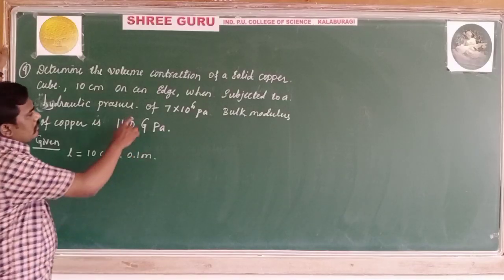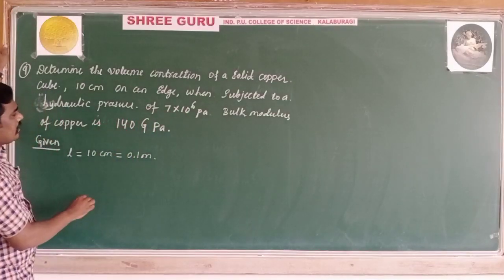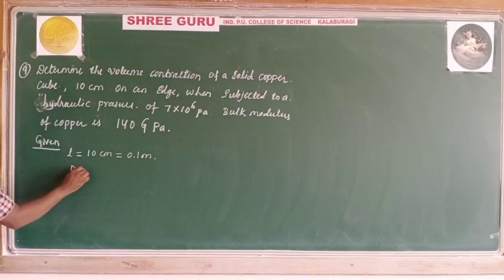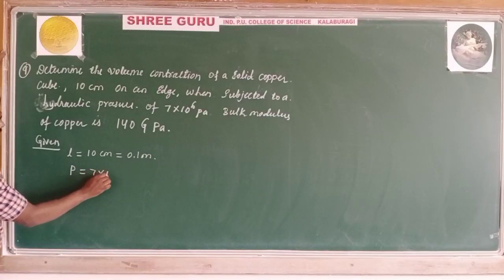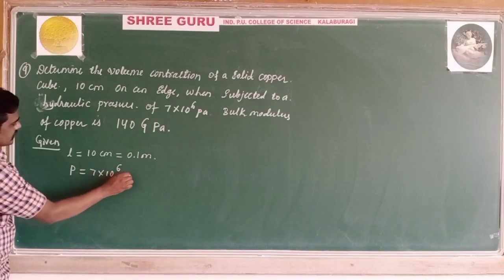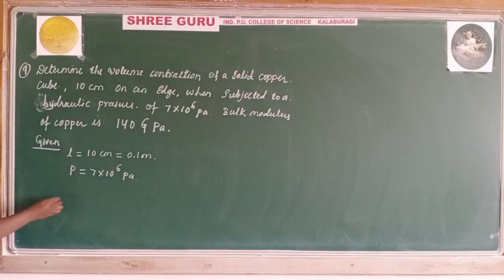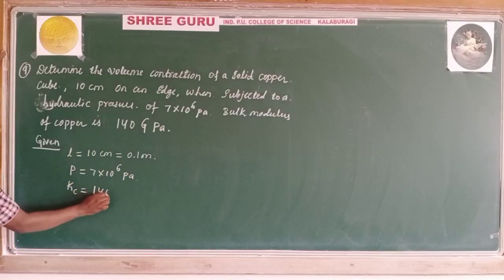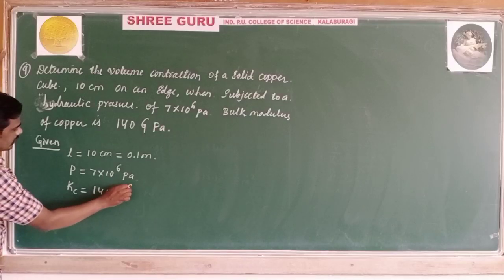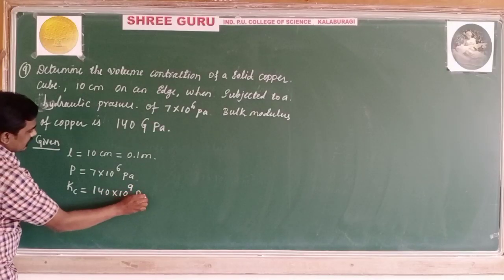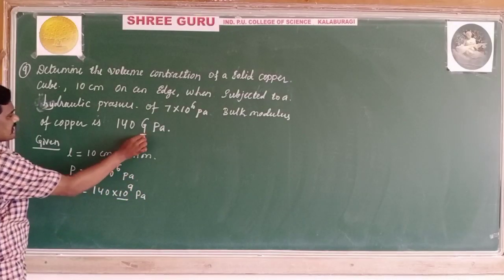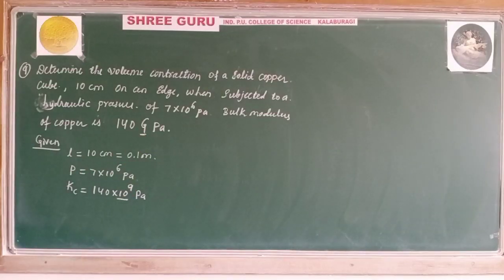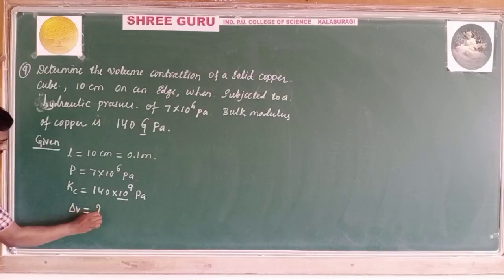The hydraulic pressure P is 7 into 10 to the power of 6 Pascal, and the bulk modulus of copper is 140 into 10 to the power of 9 Pascal. 10 to the power of 9 is nothing but gigapascal. We should find the volume contraction, that is delta V.